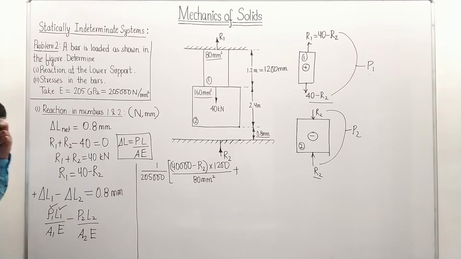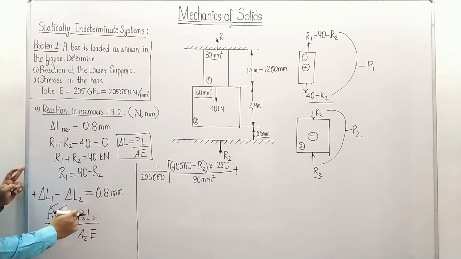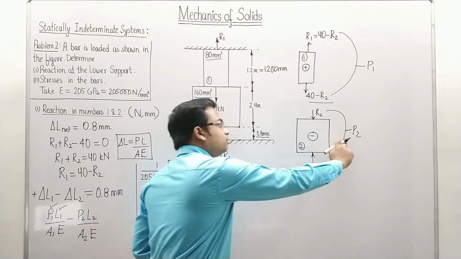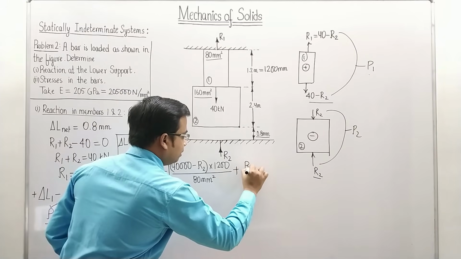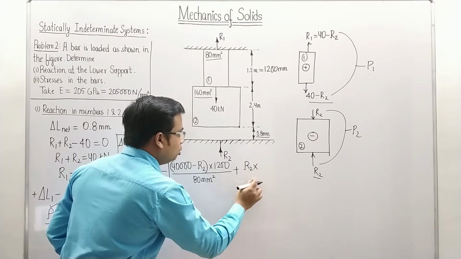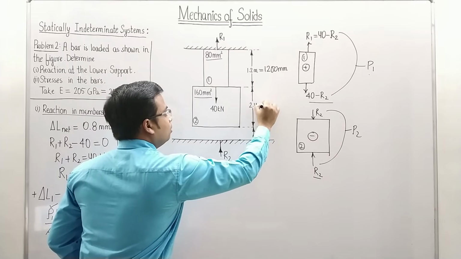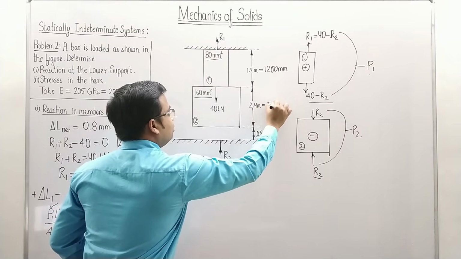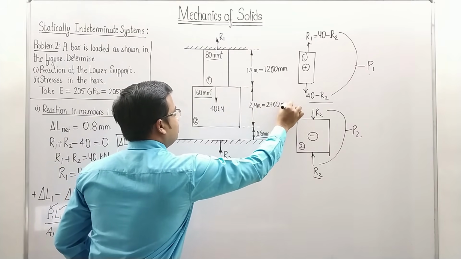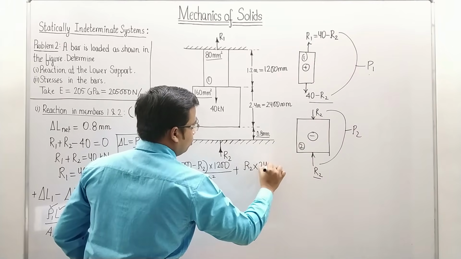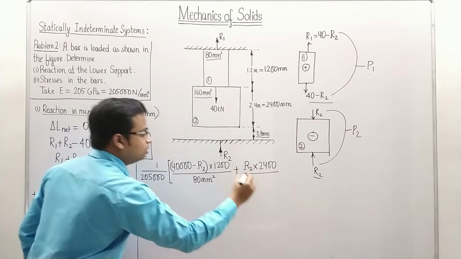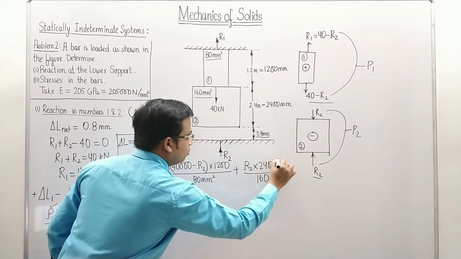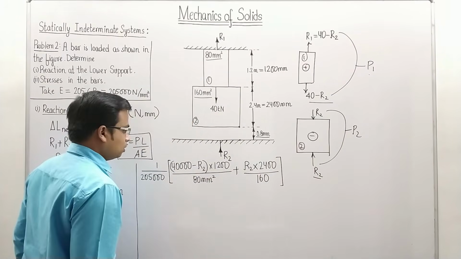Now we have something else: P2. Where is P2? Here it is. P2 is R2. Let me write R2 multiplied by L2. L2 is 2.4 meters, that is 2400 millimeters, divided by area 2, which is 160.